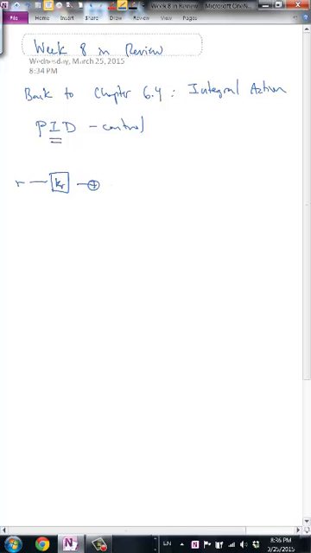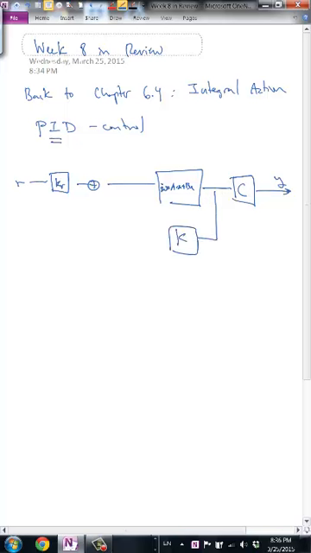We have a reference signal, and you can think about this as the setting for your thermostat or your cruise control, or the desired concentration of a drug in a vital organ.